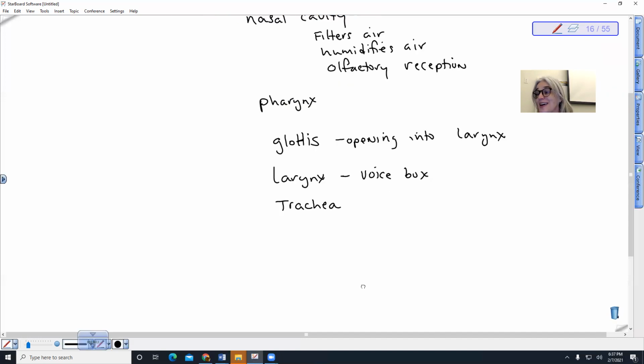Now the trachea is really interesting because it has mucus and cilia. And so our trachea is constantly moving mucus up and into our throat, and we are generally swallowing it. So when people smoke cigarettes, one of the things that happens is it destroys the cilia.